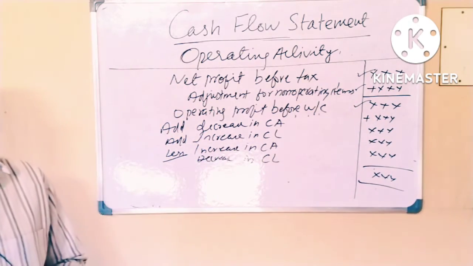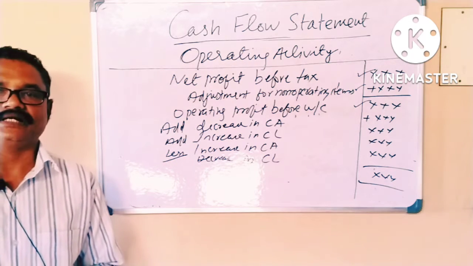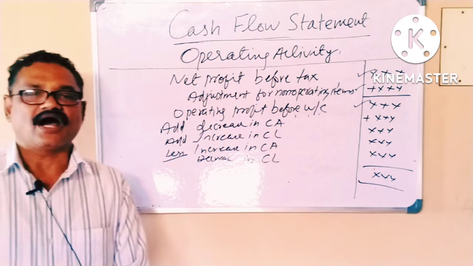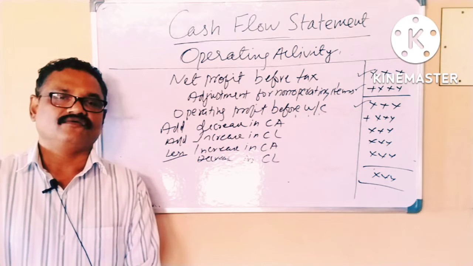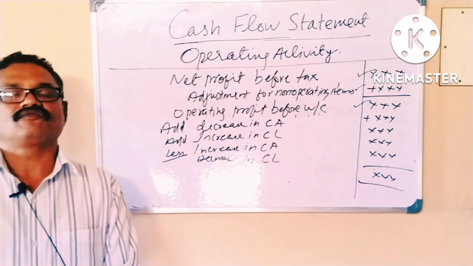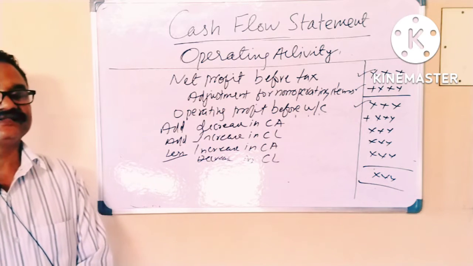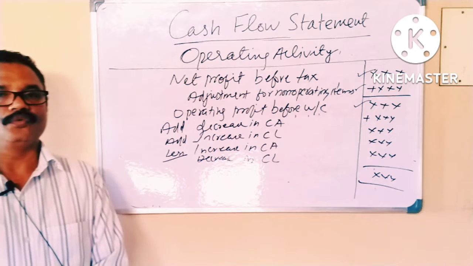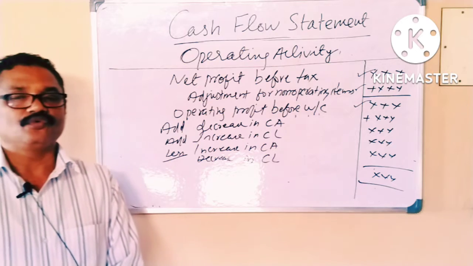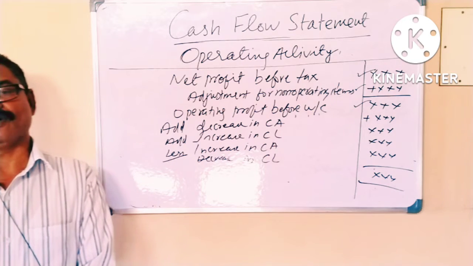After getting operating profit before working capital changes, we have to add the decrease in current assets. We know that current assets are assets with a duration within a year, or 6 months, maximum 1 year. Their value tends to increase or decrease according to recent trends in the market.